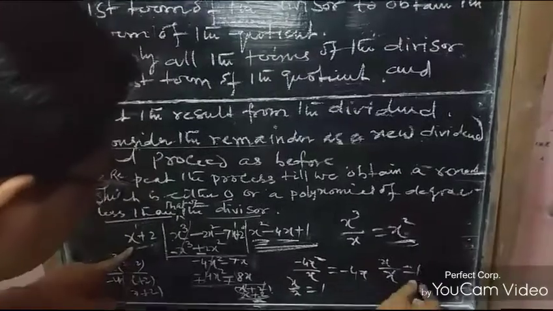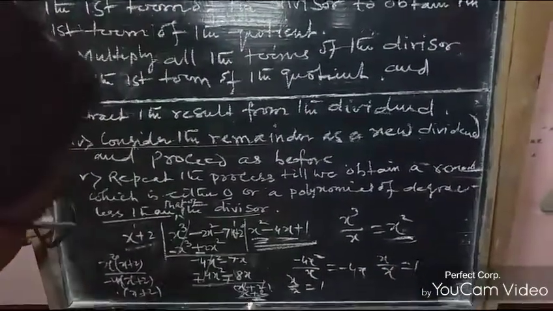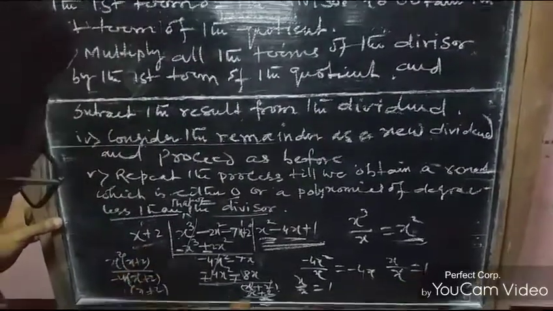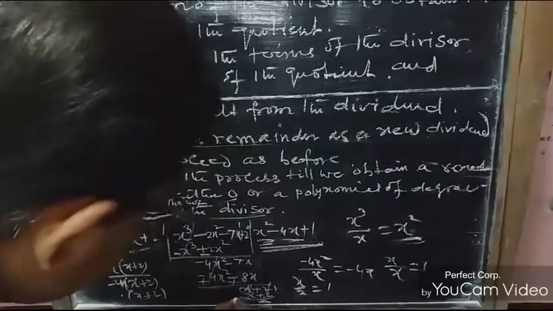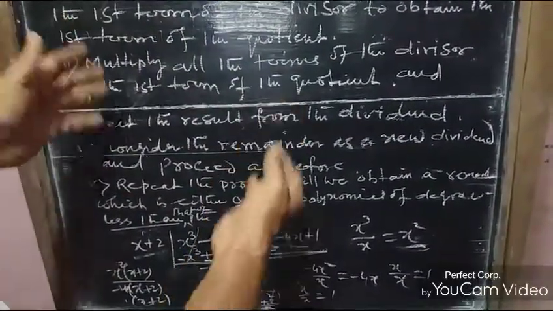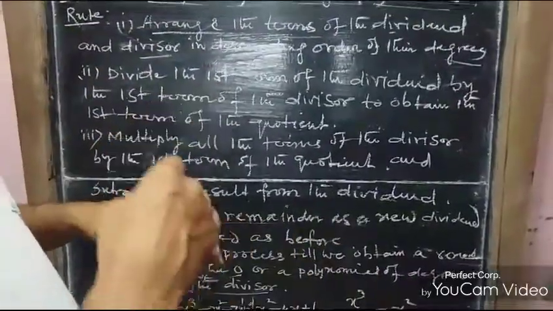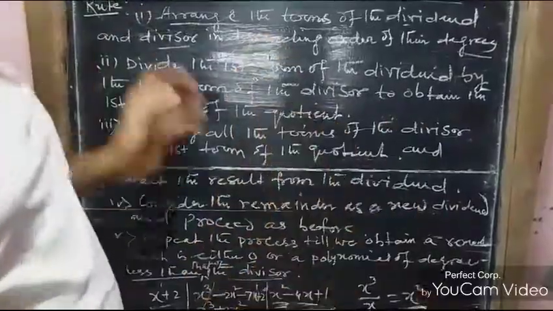So it has come 1 into x plus 2, it will be x plus 2, and if you subtract this, your remainder has come 0. So this is the whole process of how to solve a division problem, that is a division of a polynomial by a polynomial.